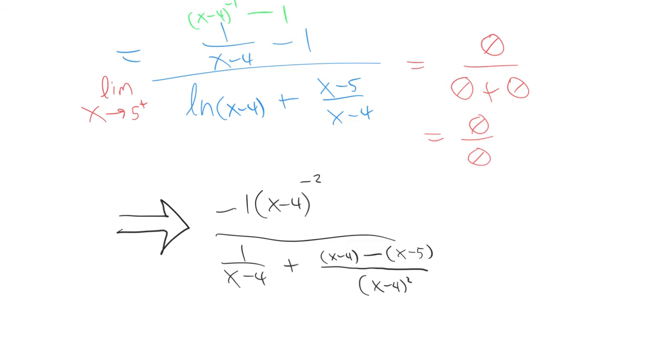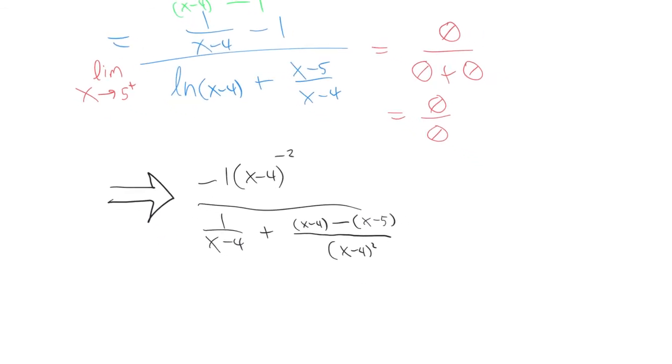We're going to do a little bit of simplification after, and by after I mean now. So we have the numerator is really just -1 over x minus 4 squared. Down below we have 1 over x minus 4 plus definitely x minus 4 squared down here, right?